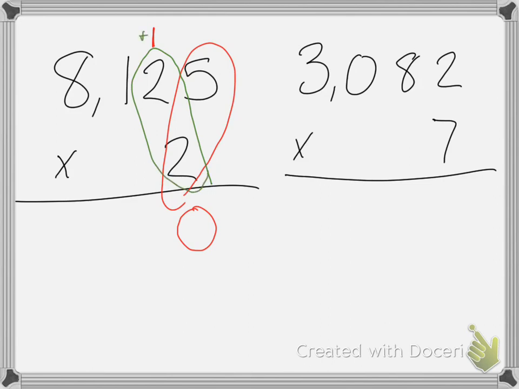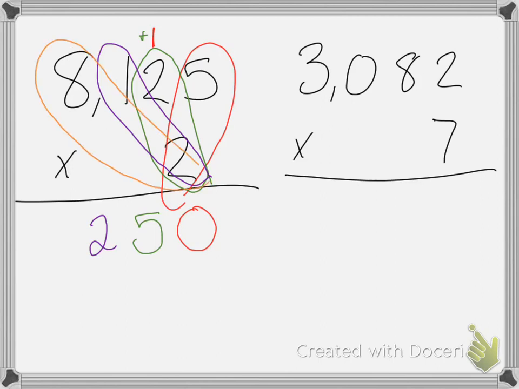Plus 1 is 5. Then 2 times 1 is 2. And finally, 2 times 8 is 16. So my answer is 16,250.